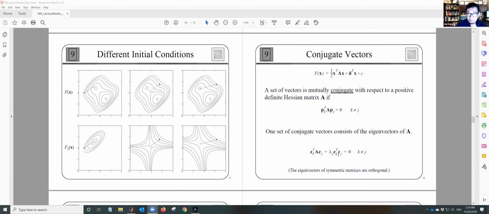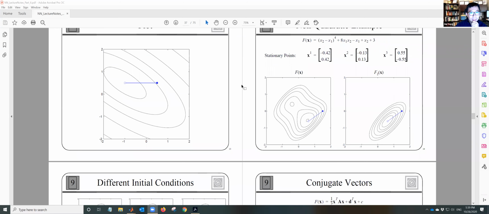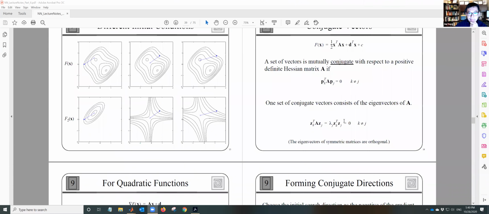So if you are searching along the conjugate direction, you are not searching along the gradient directions. Instead, you can search along the eigenvector direction. The eigenvectors of a symmetric matrix are orthogonal.